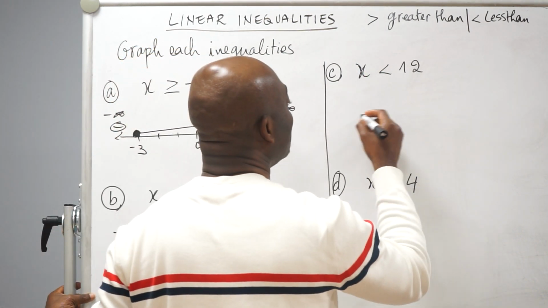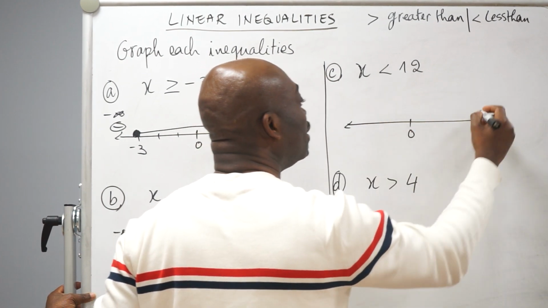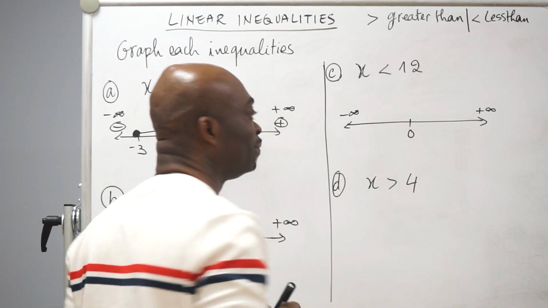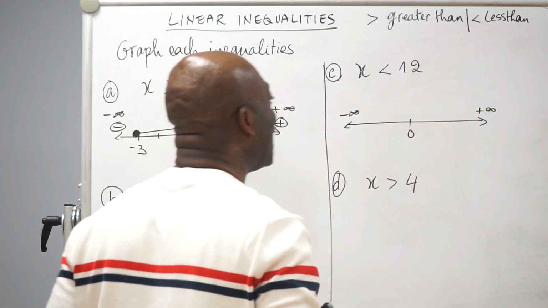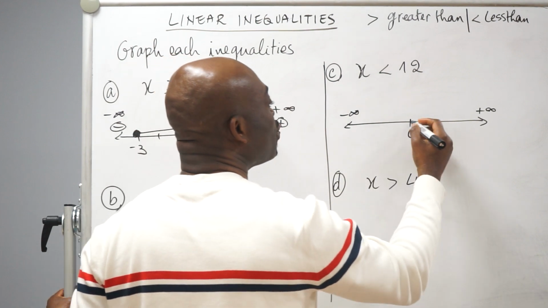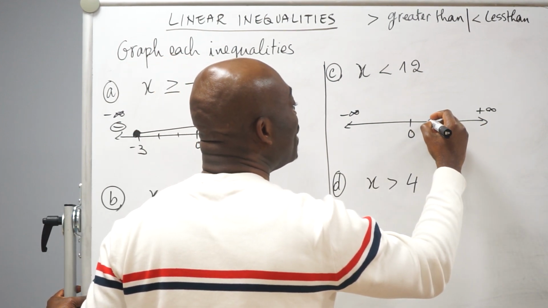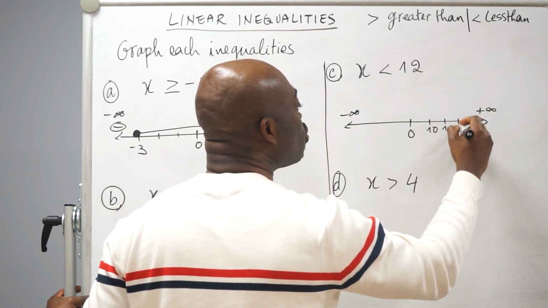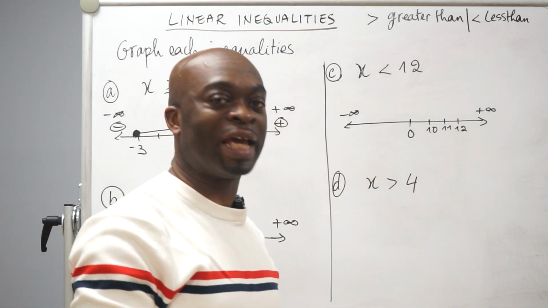Number line again, first thing. We have 0 right in the middle, positive infinity, negative infinity. Are we good so far with me? So what's really happening? We say positive 12. We have 0, 1, 2, 3, 4, 5, 6, and I'm just going to begin with 10, 11, 12, then 13, continuing like that.